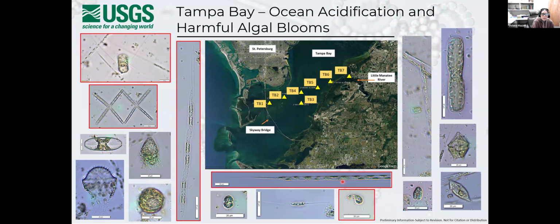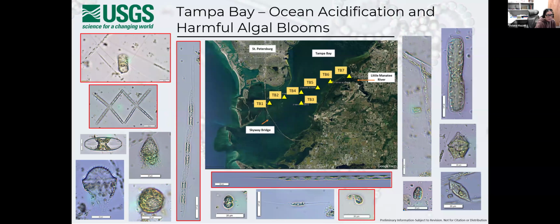So we conducted this preliminary sampling in July and August of 2023 to look at phytoplankton distribution along a pH and salinity gradient. So that's increasing salinity and pH down this way. And shown here are some of the taxa that were identified during the July sampling.